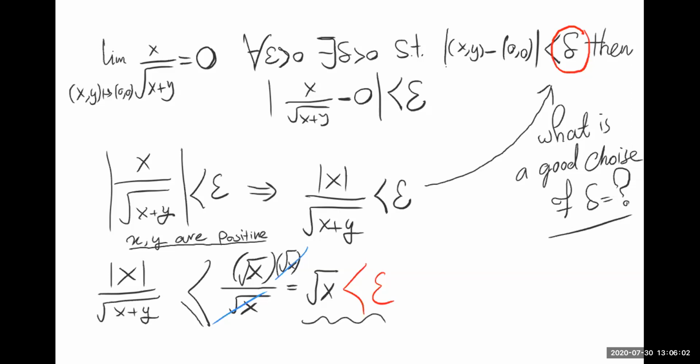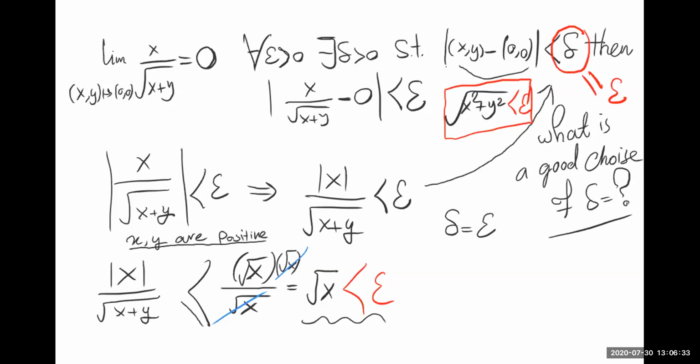Okay? But can we take delta to be the same as epsilon? I mean, what is the distance of x and y from 0 and 0? It's the square root of x squared plus y squared, right? That's the distance of a point x and y from the origin. If I take delta to be equal to epsilon, it means this guy is less than delta, which is equal to epsilon.